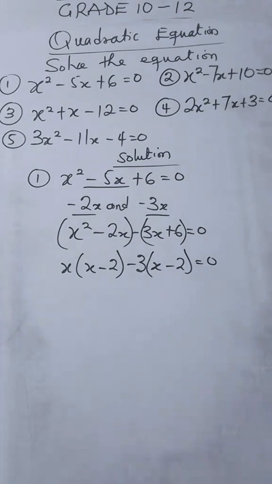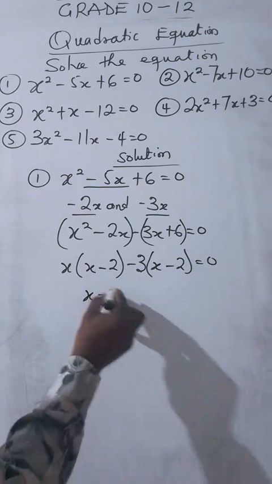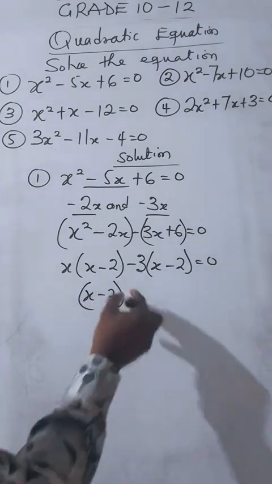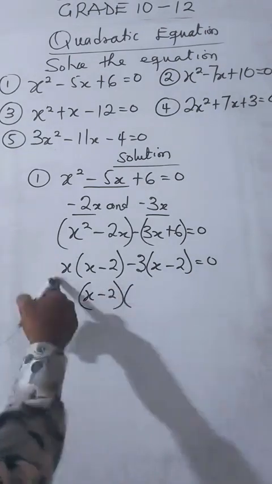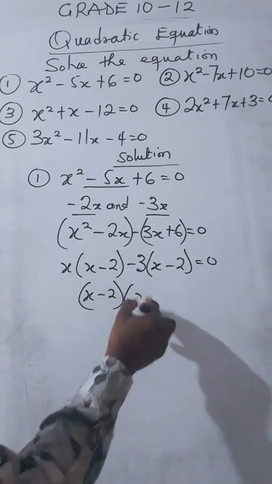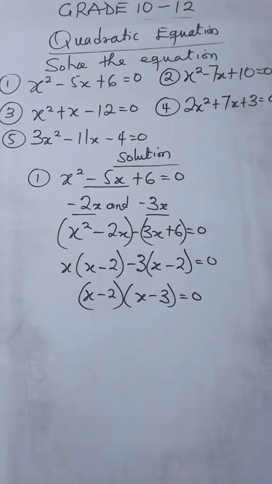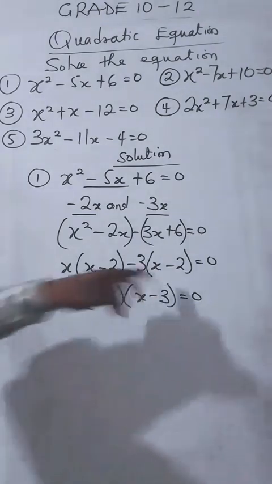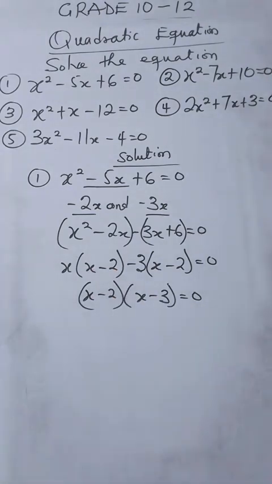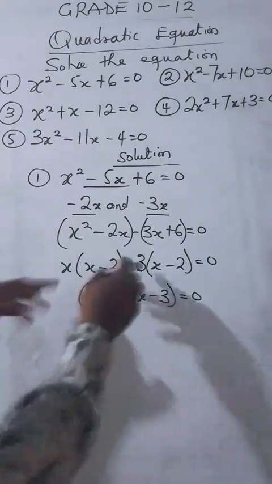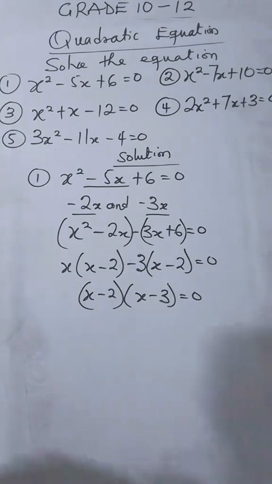So we can see that what is in the bracket is the same: x minus 2. What is outside the bracket is x minus 3. What is in the bracket must be the same. Then you group what is outside the bracket also like that.